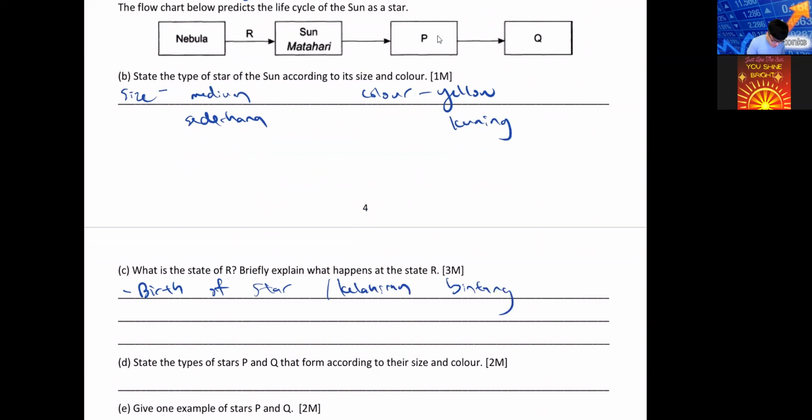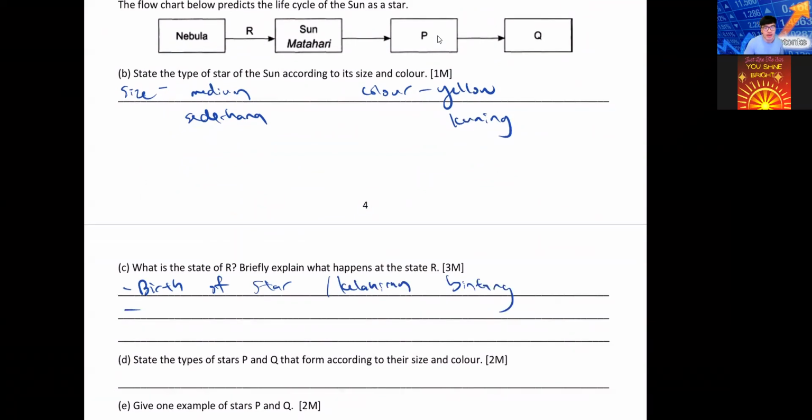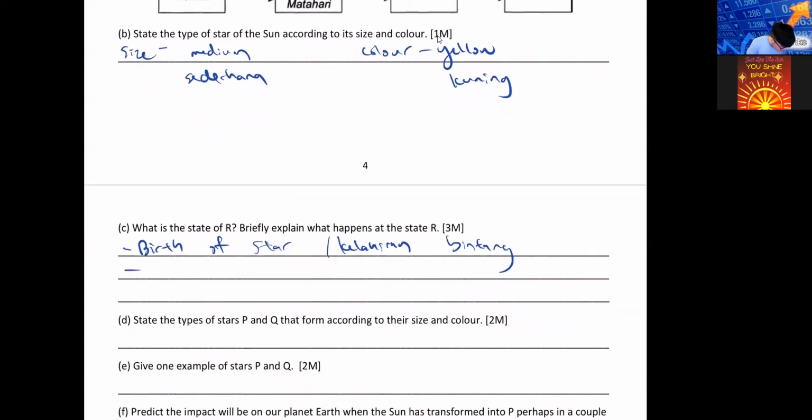So what happens? First of all, you have to talk about the nebula. Nebula are attracted by strong gravitational force. So nebula contracts due to gravitational force. Nebula mengecut disebabkan oleh daya gravity.